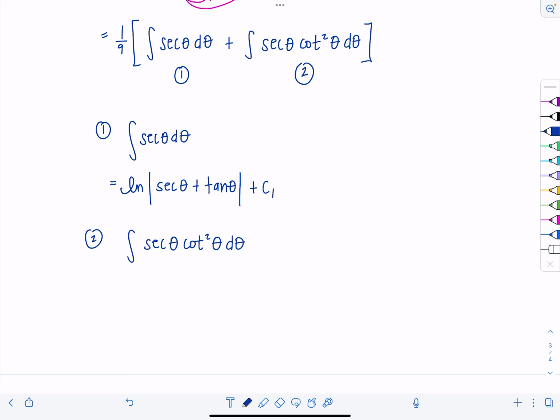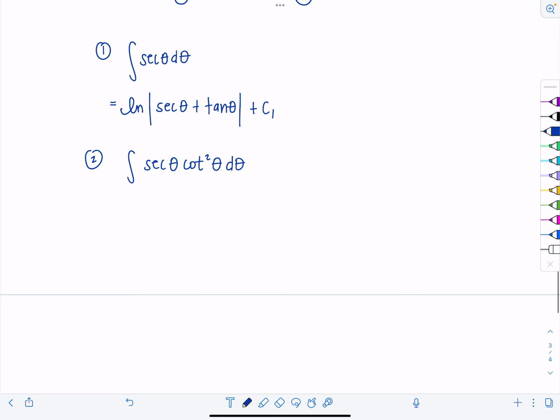Again, mixing secants and cotangents isn't typically one of the integrals that we have a set technique for. So that's why I'm going to think, let's rewrite using sines and cosines again. Maybe something fabulous will happen. So secant theta, that's 1 over cosine theta.